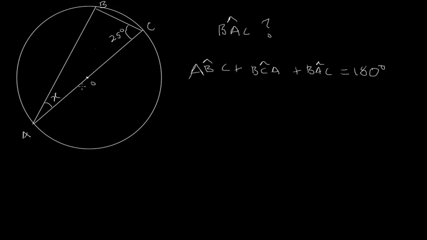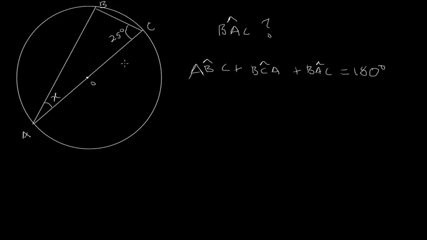So do we have angle ABC? Angle ABC is in a triangle where the hypotenuse is a diameter. So this is a semicircle, a triangle being formed within a semicircle. So angle ABC is 90 degrees. It's the angle that is opposite the center of the circle.